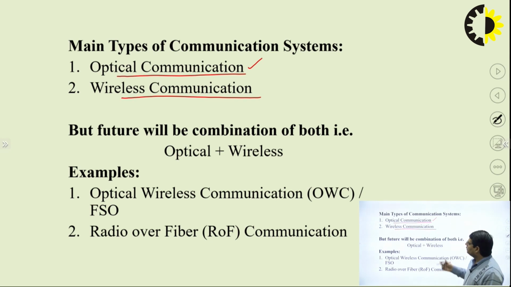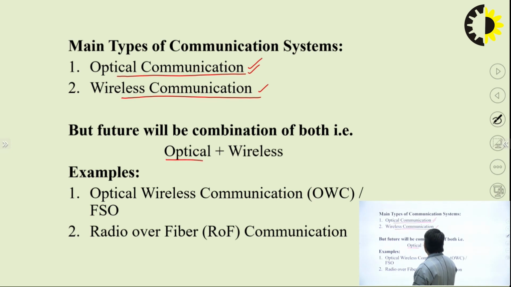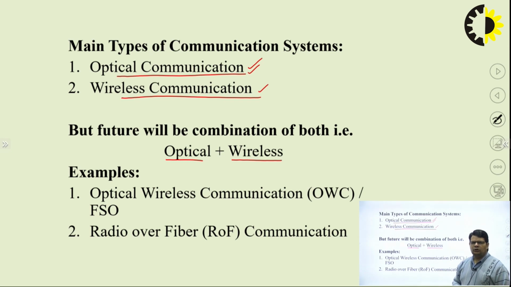So to utilize the advantages of both optical communication as well as wireless communication, future will be the combination of the two, that is optical and wireless. That is, to gain the advantages of both, new communication systems will be designed by the combination of both optical and wireless systems.